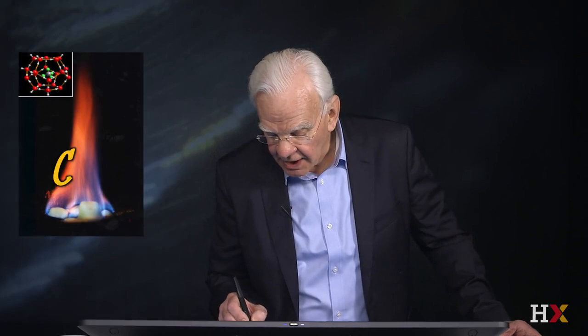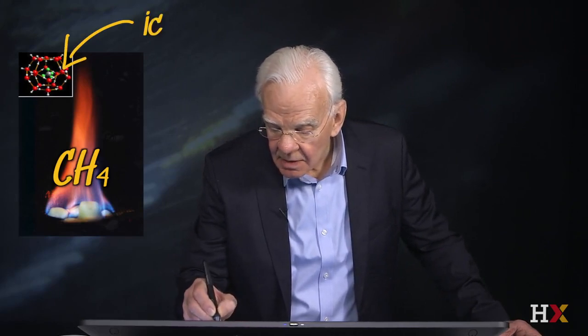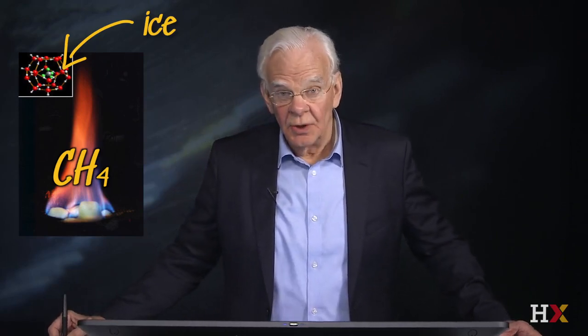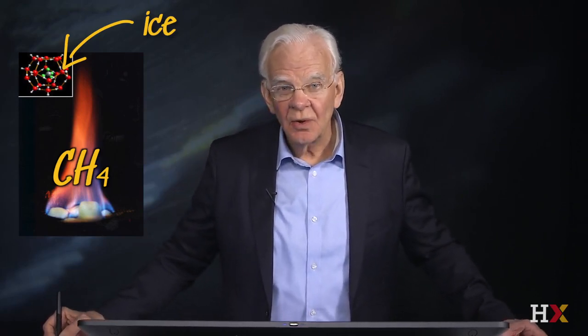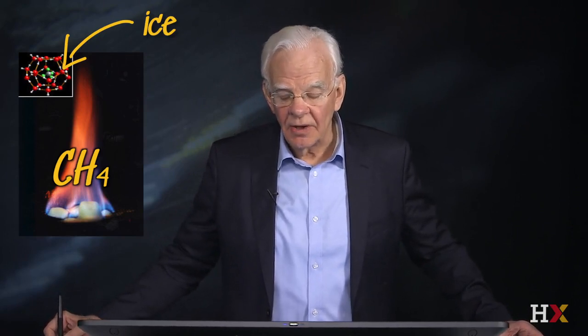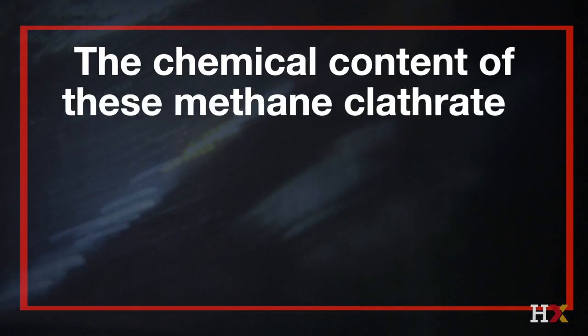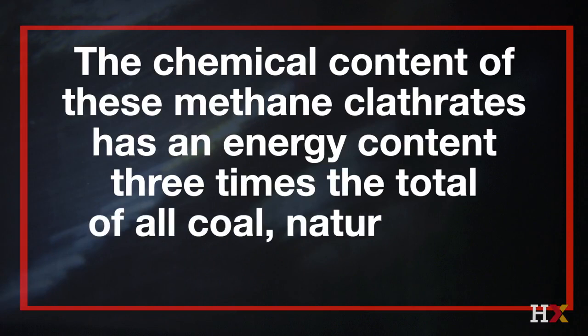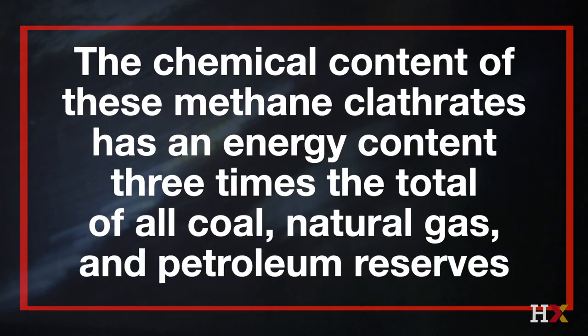And then we can get more sophisticated. We can look at methane clathrates, where methane is captured inside a network of ice. And this process requires no additional energy, yet it's so ubiquitous, it's so common in nature, that the chemical content of these methane clathrates has an energy content 3 times the total of all coal, natural gas, and petroleum reserves.